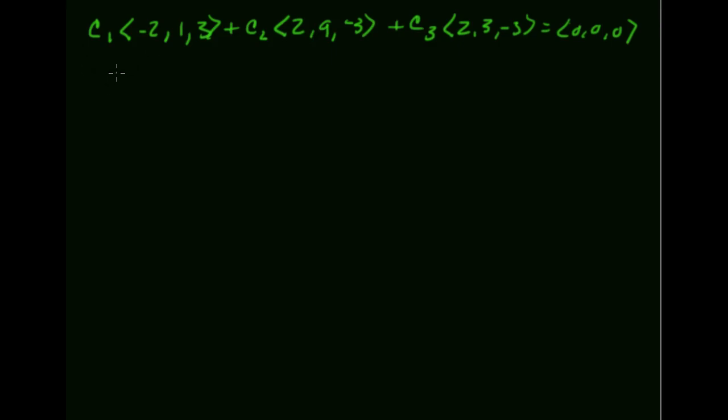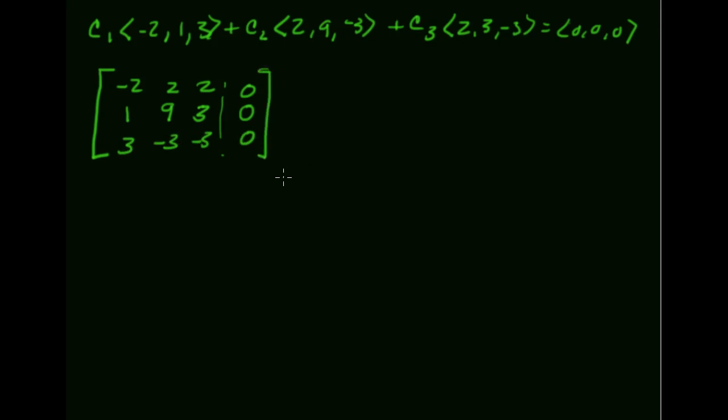All right, so build your system of equations again. If I build the system of equations and try to solve this, I'm going to get negative 2, 2, 2, 0, 1, 9, 3, 0, 3, negative 3, negative 3, 0.